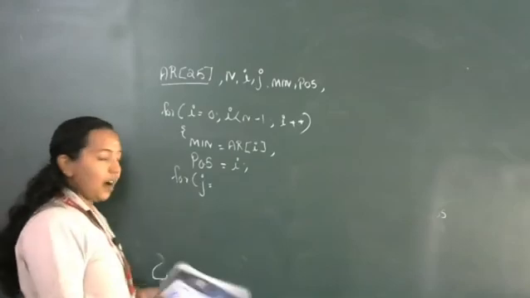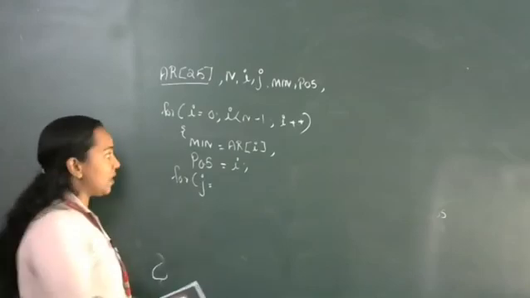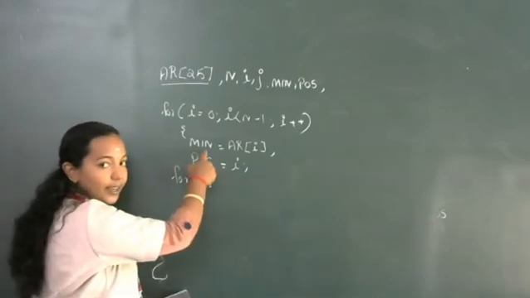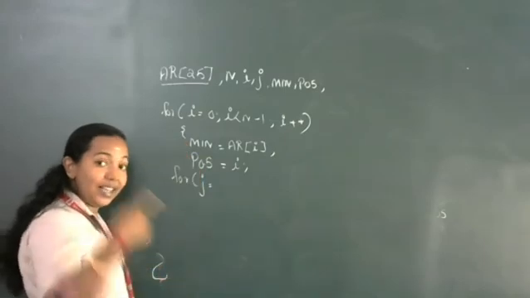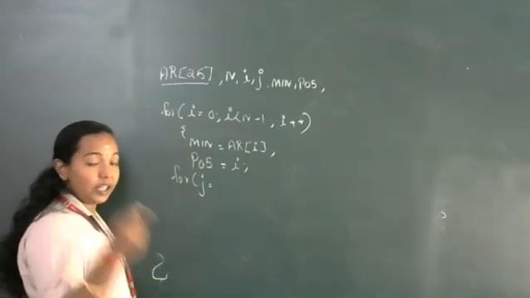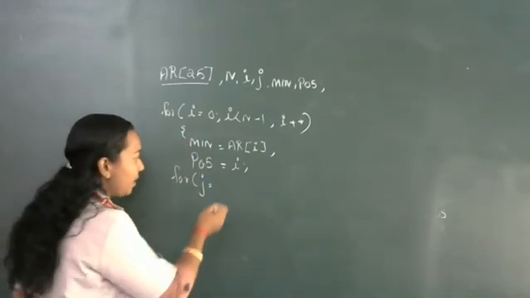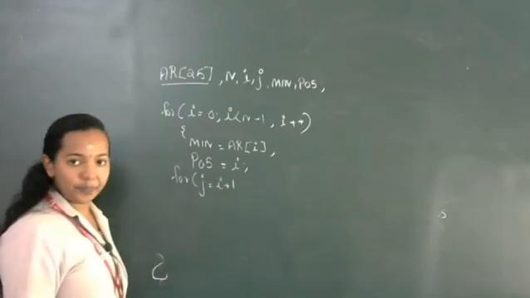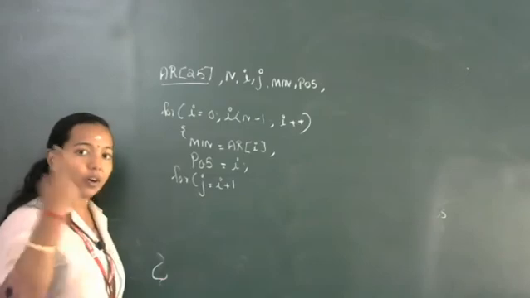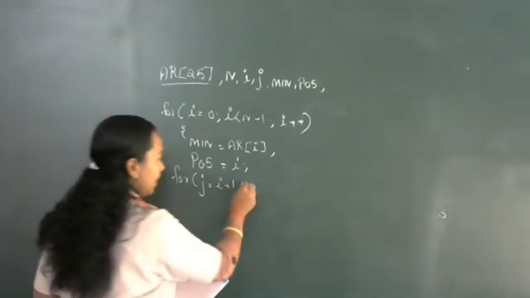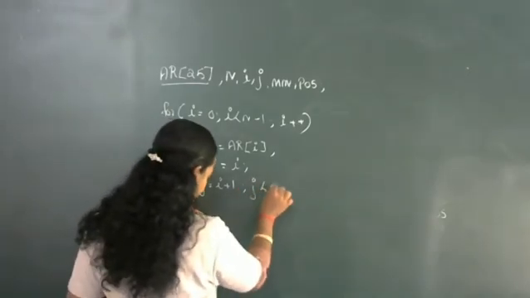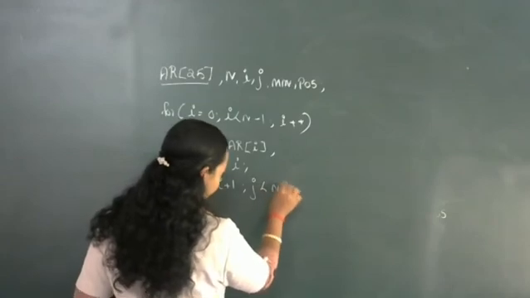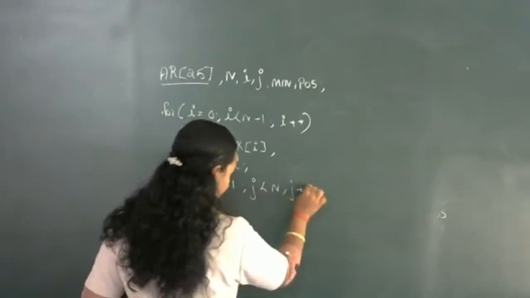We are not starting from the first element because the first element is already assigned to min. We start with the very next element, the second element. So j equal to I plus 1, if I is equal to 0, the next element, then j less than n, j plus plus.